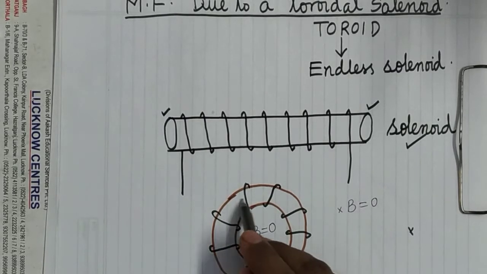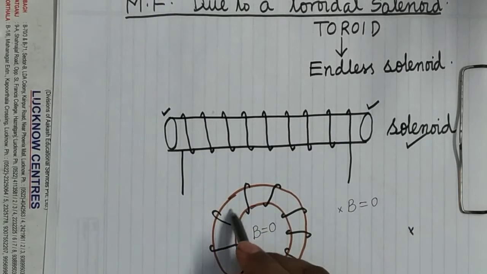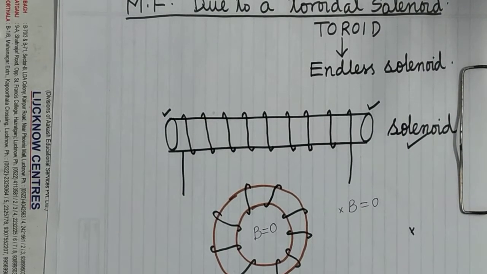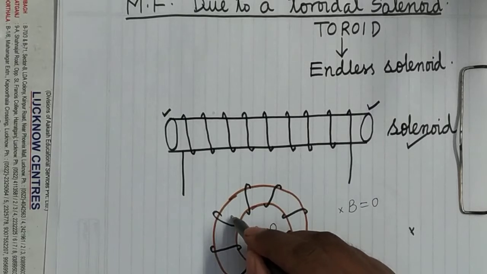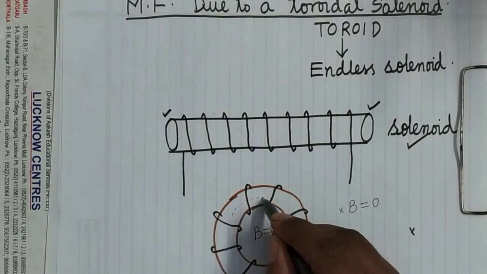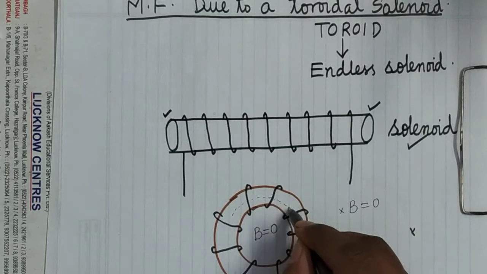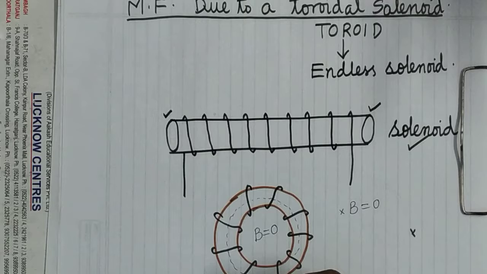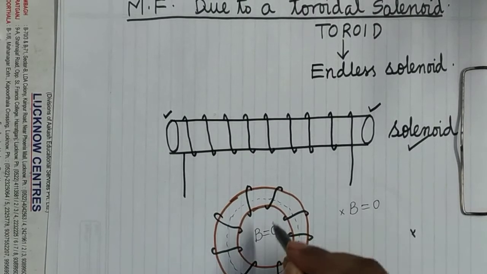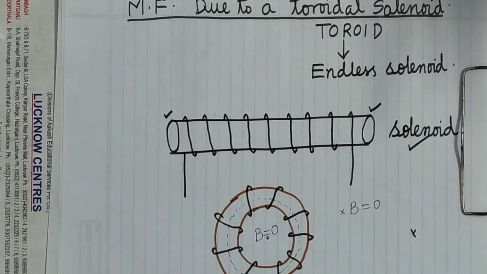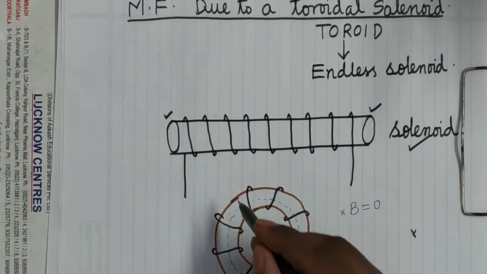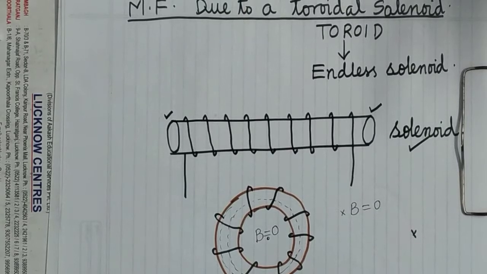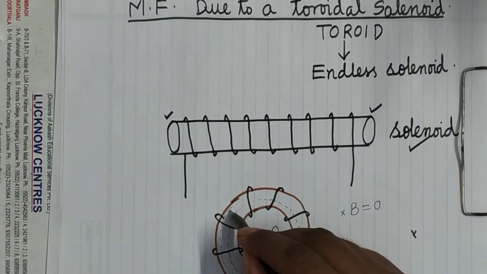While inside the core of the toroid, there is a magnetic field in the form of magnetic lines of force in concentric circles, whose center is the center of this circular toroid. These will be the magnetic lines of force.